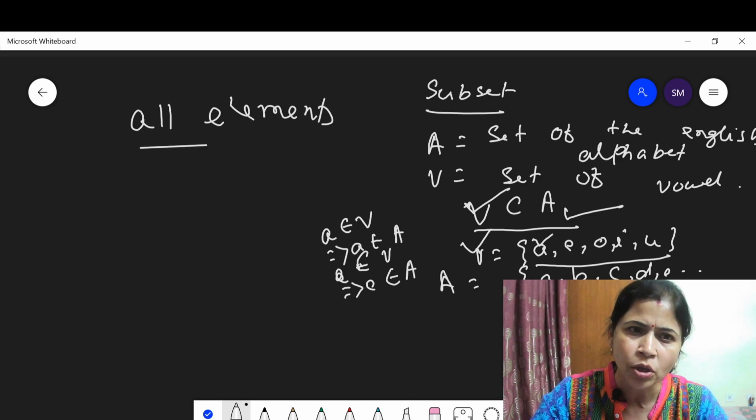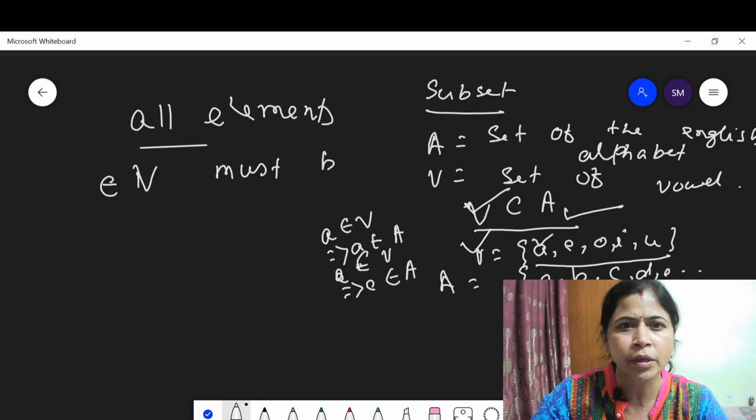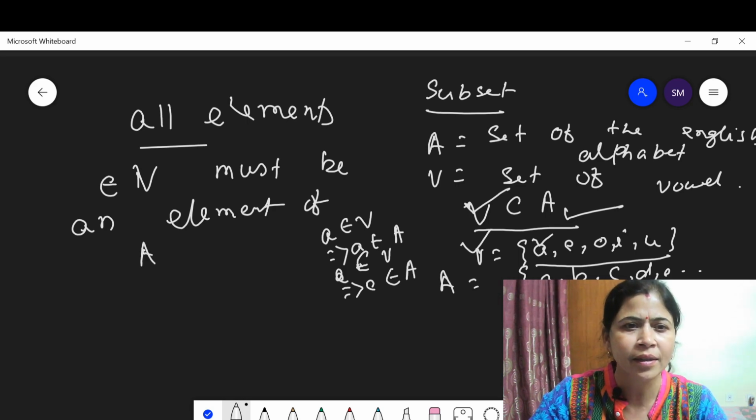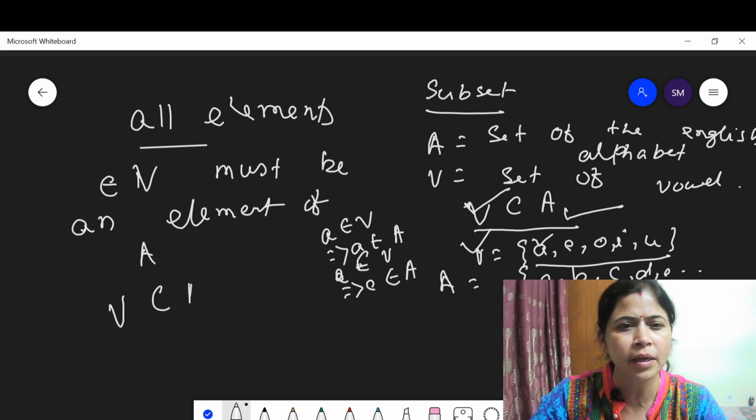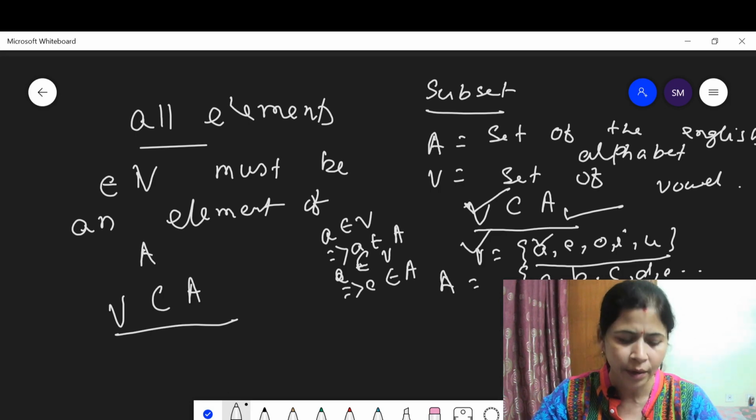All elements which belong to B must be elements of A. In this case, we say that B is a subset of A.